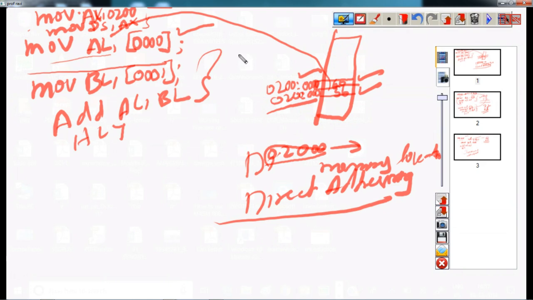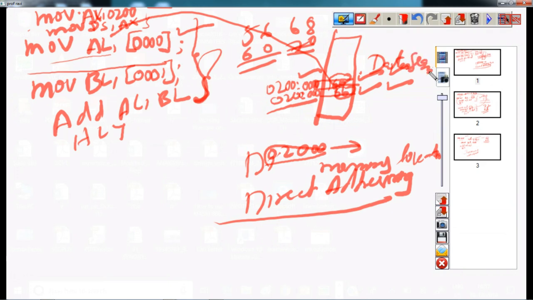If I give data of 56 and 60, or 68 or 70, any two bytes, my program will be the same. I simply go into the data segment and there I'll overwrite my data, that's it. There is no need of writing my entire program. The same program works on n number of data sets. That is the advantage of direct addressing mode.